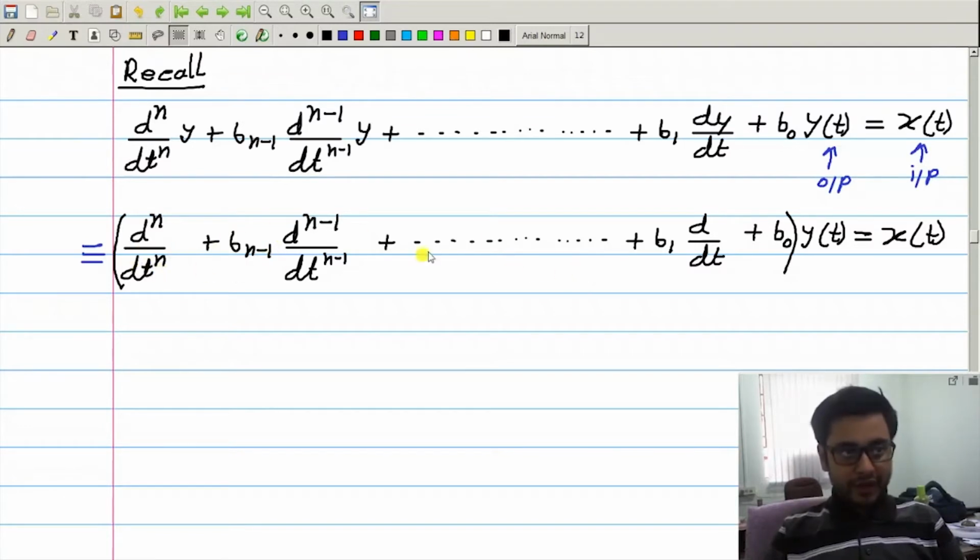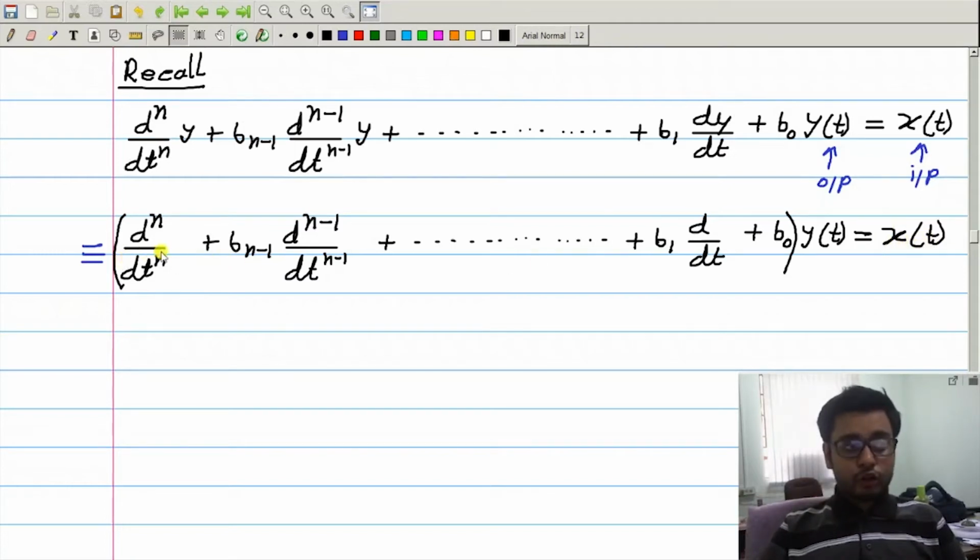Now this operator, nth derivative, then (n minus 1)th derivative multiplied by this constant, plus so on, plus then this multiplication by b0 operator, everything together is one operator that acts on y, and the result is equal to x.